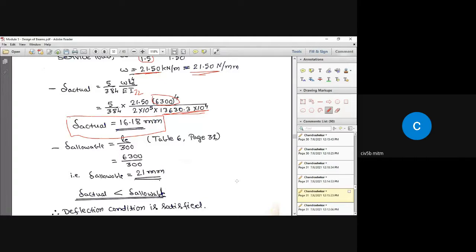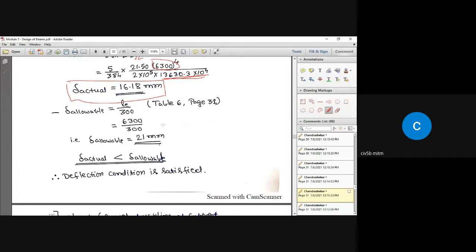We go for vertical deflection. Under live load, it says floor and roof, and cantilever. Ours is not the case of cantilever. Ours is the case of simply supported beam. Elements susceptible to cracking and not susceptible to cracking. Here I have taken the elements not susceptible to cracking. So the limiting deflection is equal to span divided by 300.